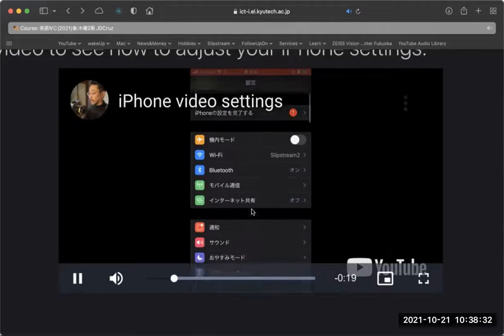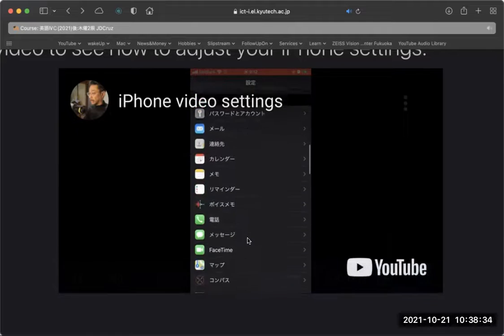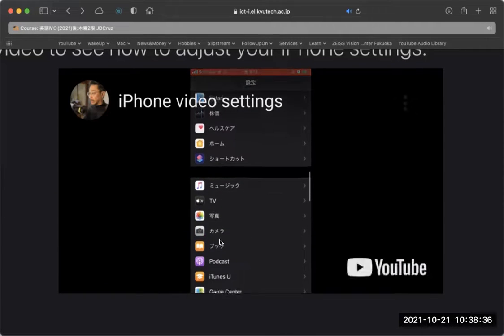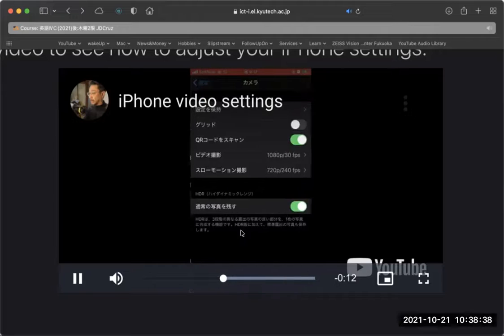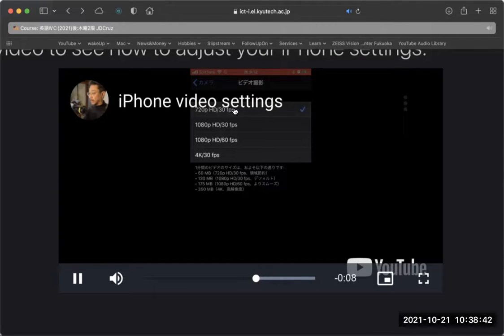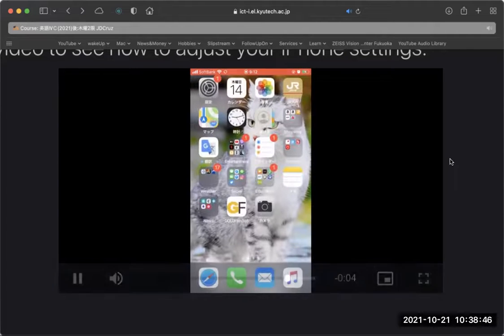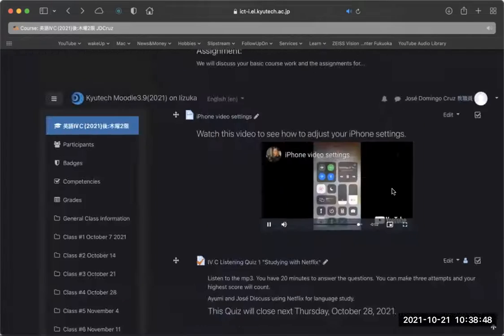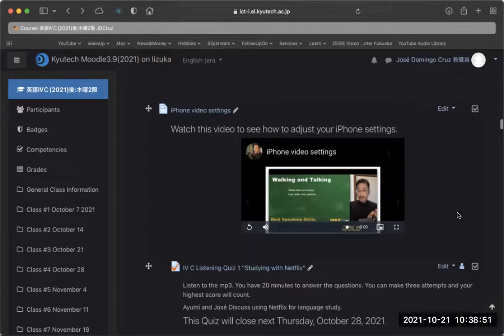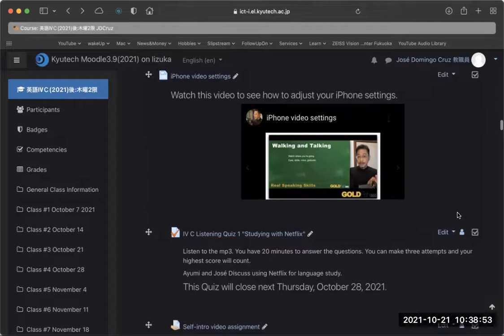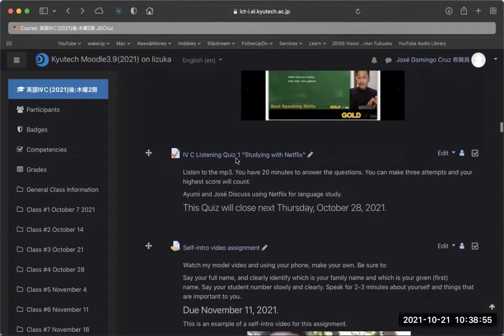So one more time, go to settings, camera, and then video here, and go from 1080 down to 720. That will make your video resolution much smaller and be much easier for your camera and much easier for the university's hard disk.